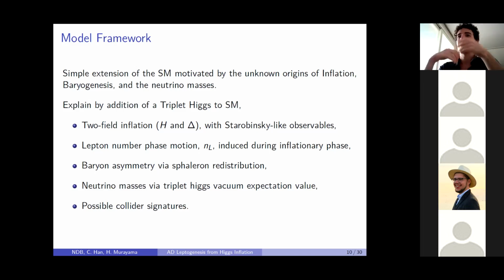And then subsequently that lepton number in the thermal plasma will survive and be redistributed from lepton number to baryon number as in usual leptogenesis via sphalerons. The delta will take its vacuum expectation value, giving the neutrinos a mass, and then hopefully all these things will be consistent. And then who knows, maybe we might be able to find hints of the required triplet Higgs in colliders.